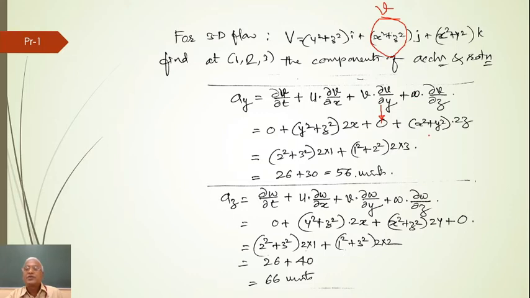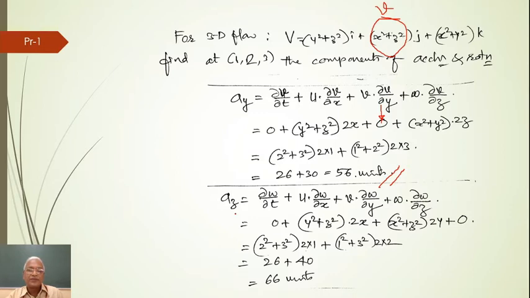Omega is x squared plus y squared, and dou v by dou z, so differentiation of this term with respect to z is 2z. Now the whole term after substitution of x equal to 1, y equal to 2, z equal to 3 turns out to be like this, reduces to 56 units.